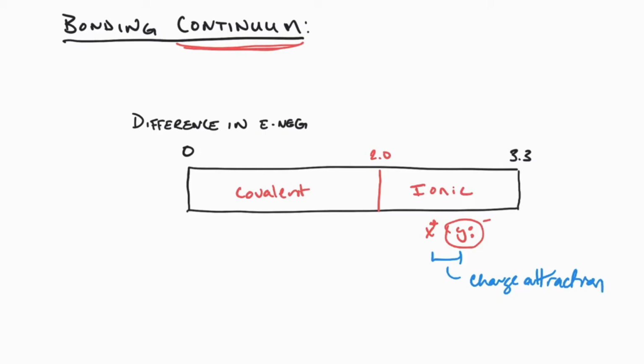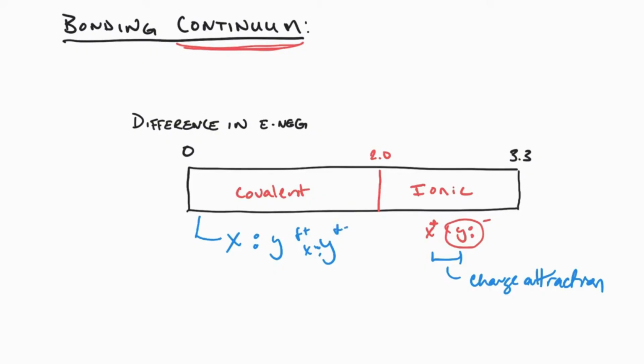And if the difference in electronegativity is less than that, then we're talking about electrons that are now shared, right? So in a covalent bond, electrons are shared. They could be shared evenly, which is what happens when you have a low difference in electronegativity. When you have a medium difference in electronegativity, they're shared, but not equally. So you end up with partial positive and partial negative charges, but we'll talk about that later.